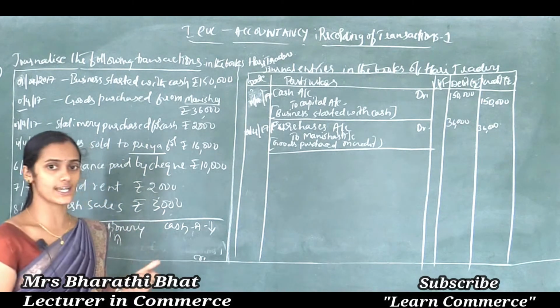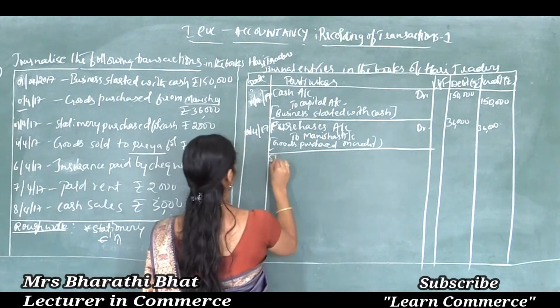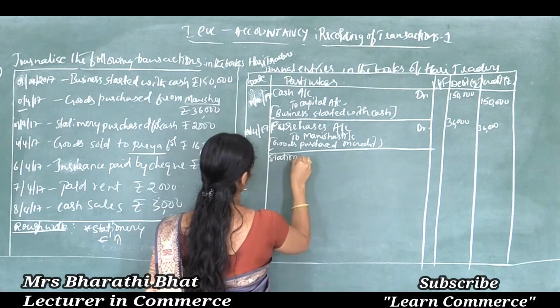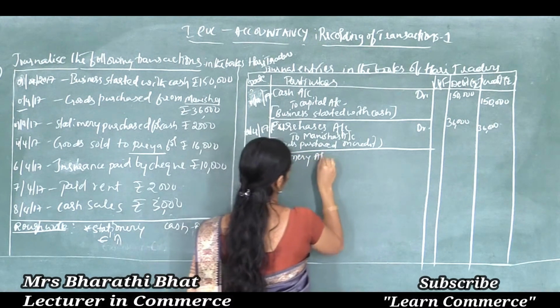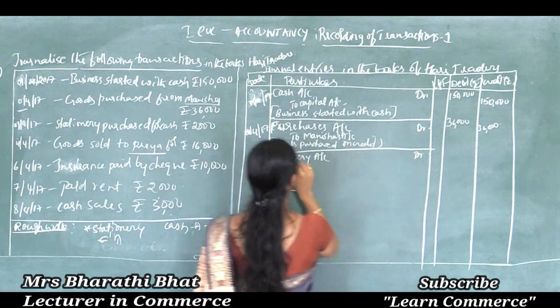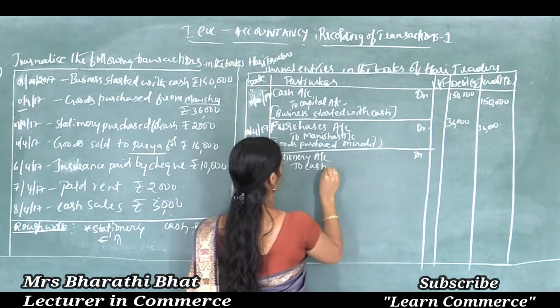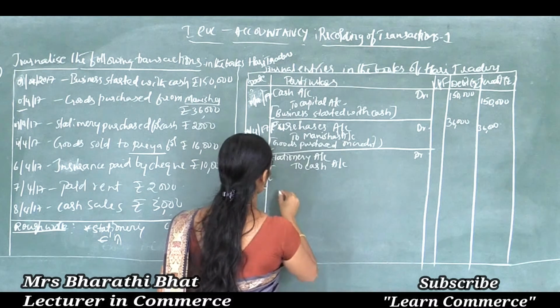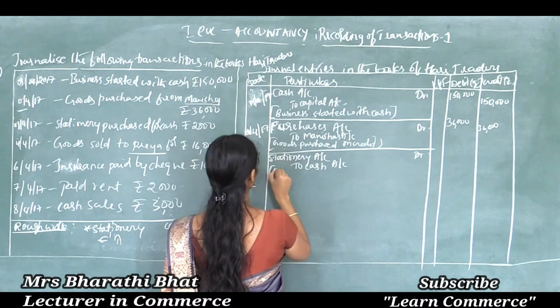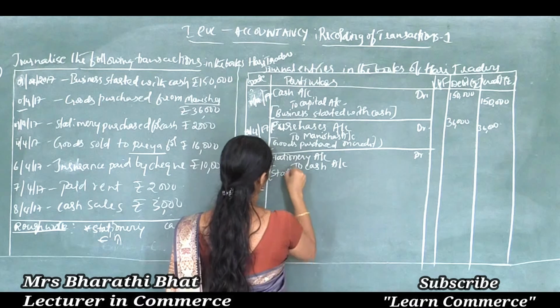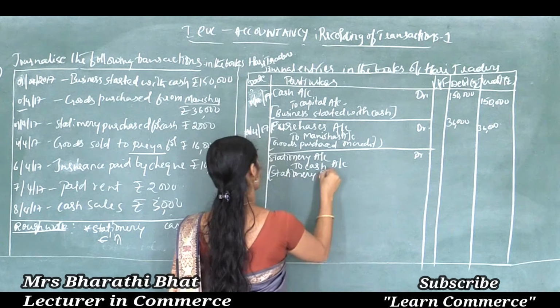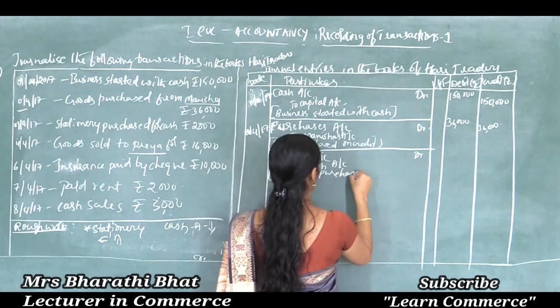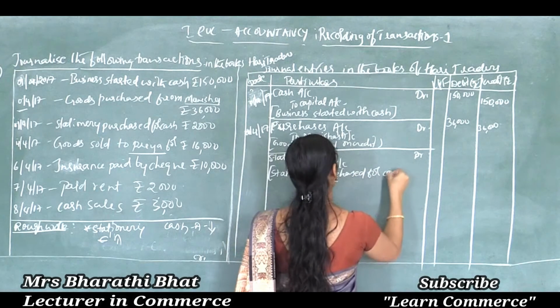So increase in expenses is to be debited. So stationery account is debited to cash account. To purchase stationery, Hari Traders has to pay cash in return. So stationery purchased for cash.